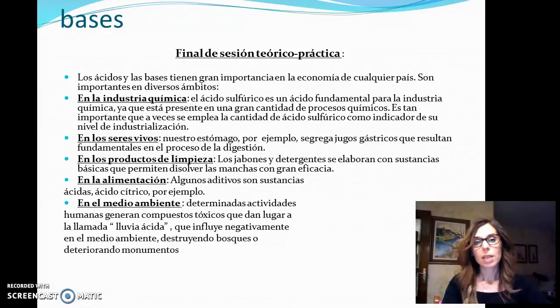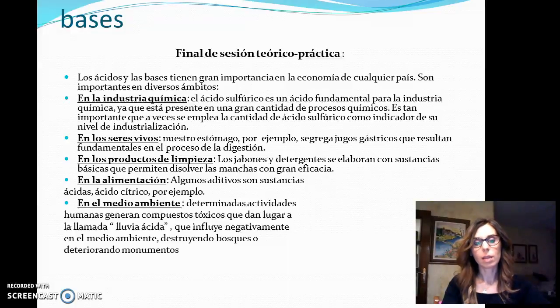Finally, we will say acids and alkalines are very, very important in our everyday life, in the industry, in all of life, as I told you before, in our digestion, in the products we use to clean, in feeding, in the environment.